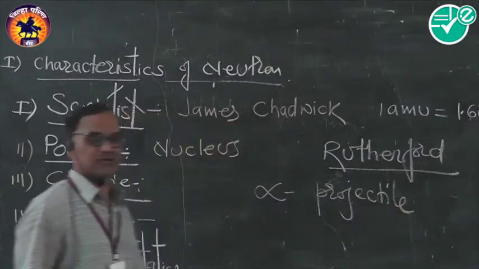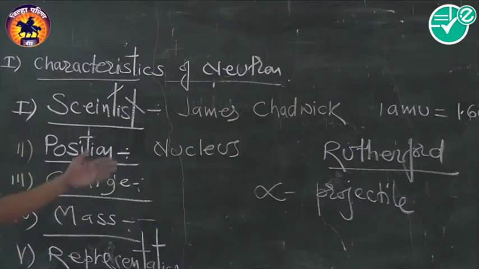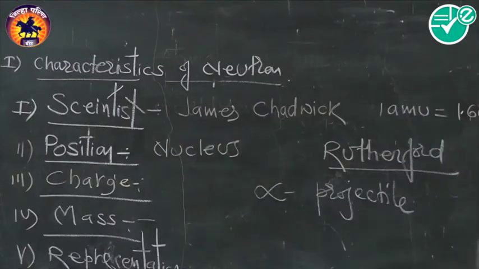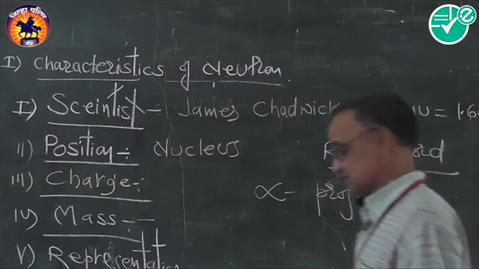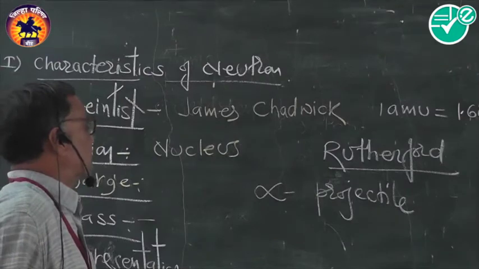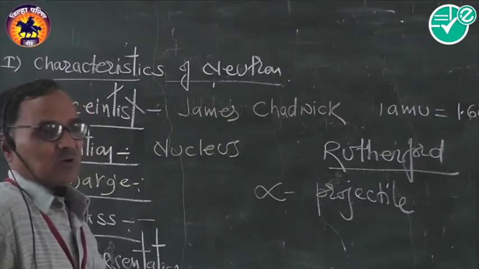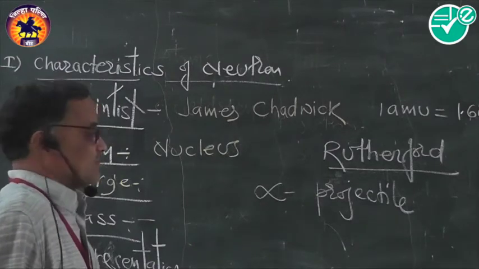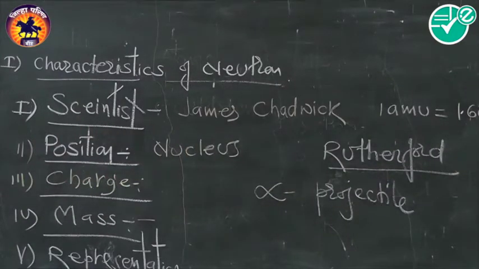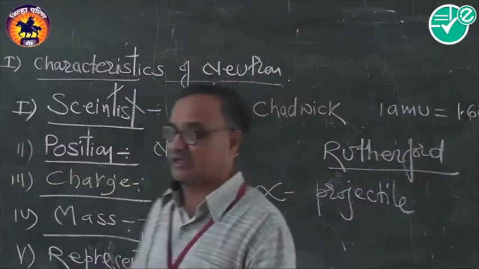A gold plate contains a number of gold atoms, which contain nuclei. Whenever these alpha particles are hammered on the gold sheet, some particles travel in a straight line path.